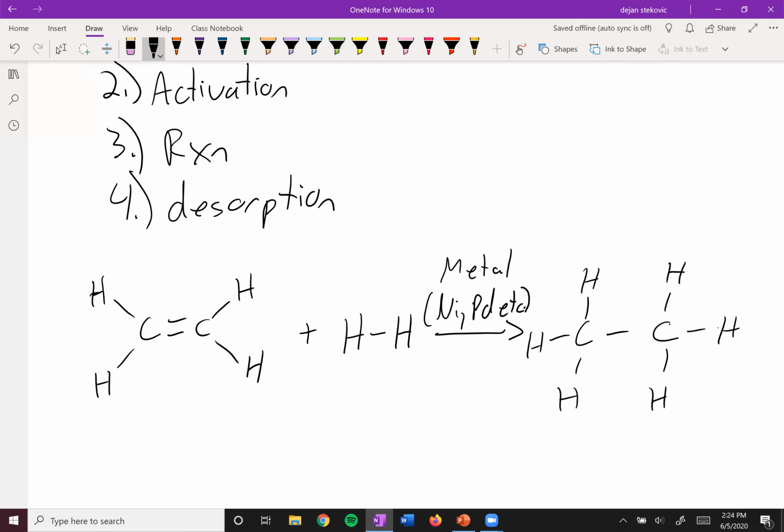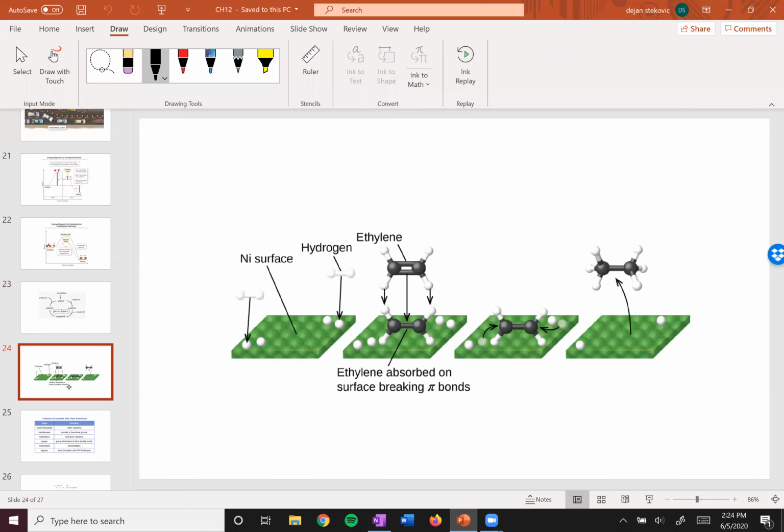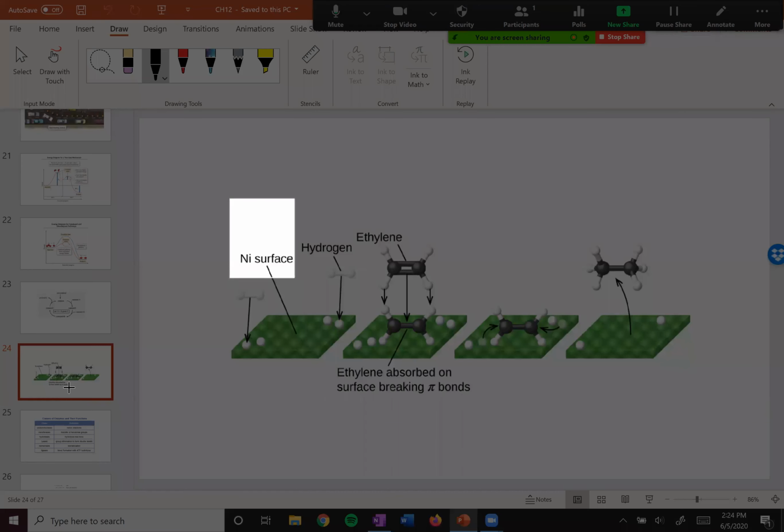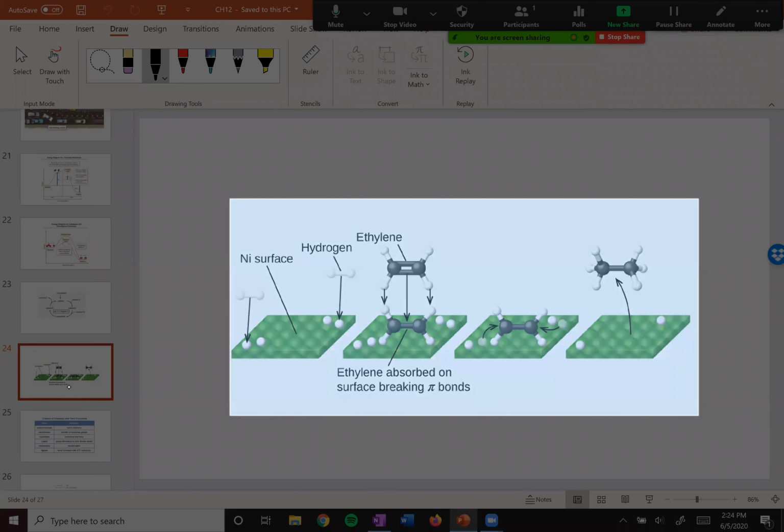So we said the first step was adsorption. I will actually just use this picture right here. So the first step here is adsorption, right?